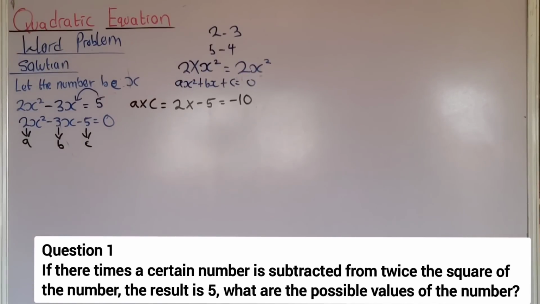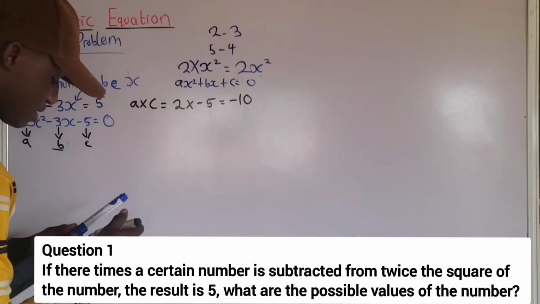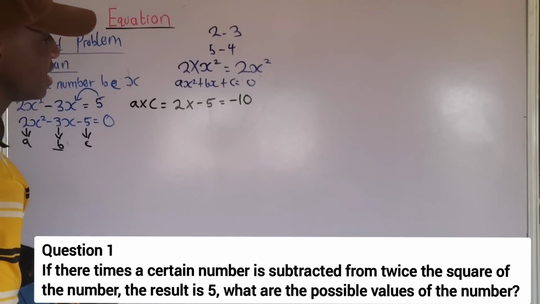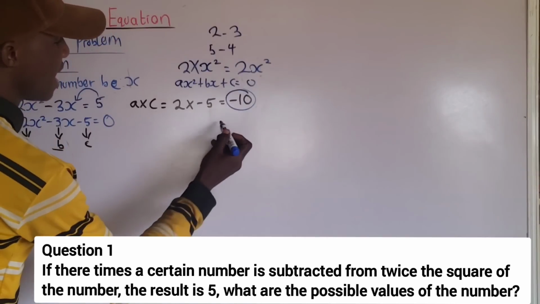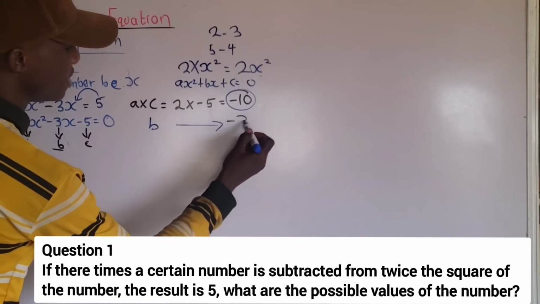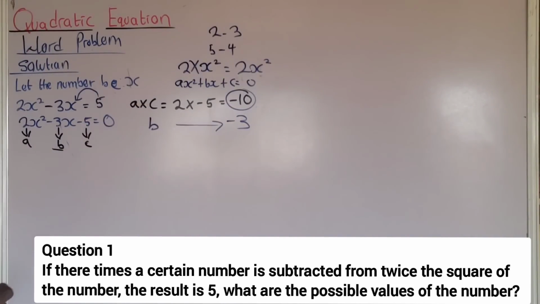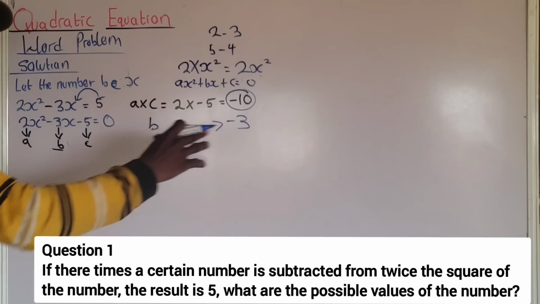Now, the second step is that you have to bring out the second term. The second term in this quadratic equation is b, which is negative 3. So the product of a and c is negative 10, and the second term is negative 3.